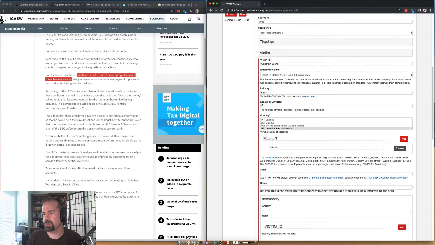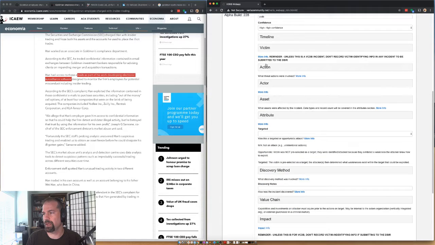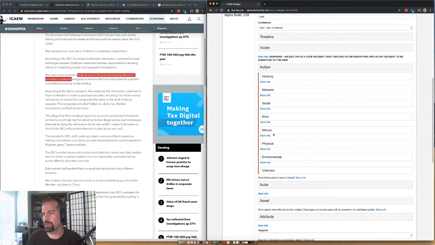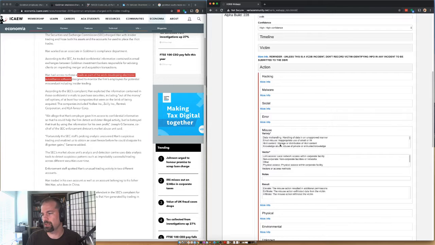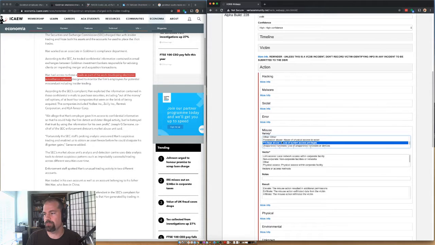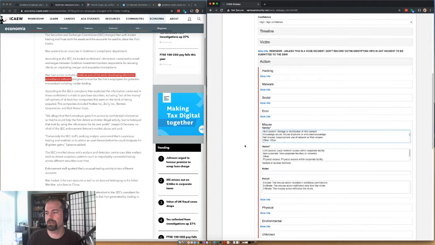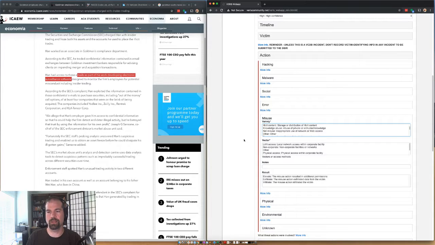The action was misuse. This was approved software, unapproved privilege misuse. And this would be privilege abuse, because he had access to this email system to help with the surveillance software, but he used it inappropriately to read confidential emails of potential acquisitions.